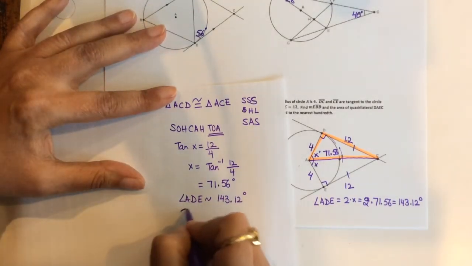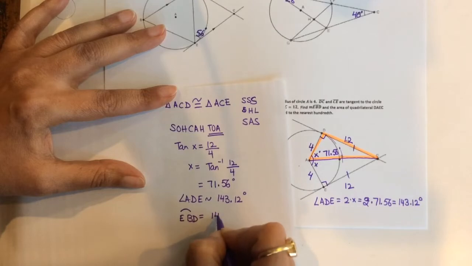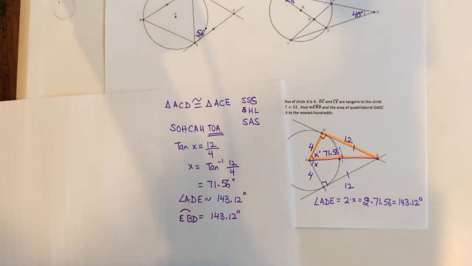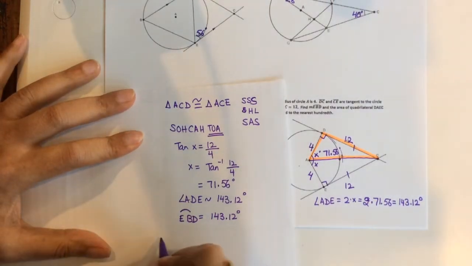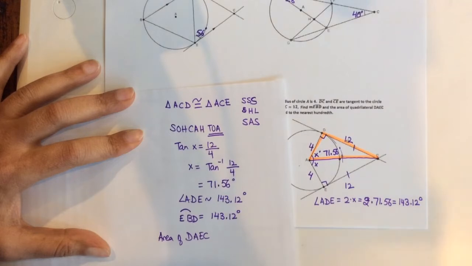And that is also going to be the measure of arc EBD, 143.12, because it's the central angle for that intercepted arc. I also have to find the area of this quadrilateral. Now that is straightforward. So area of DAEC, I know all the side lengths.